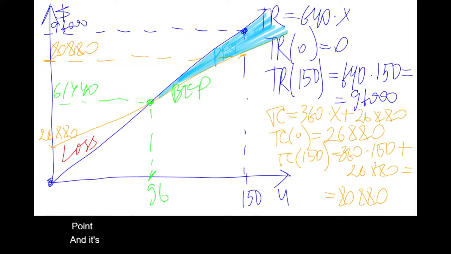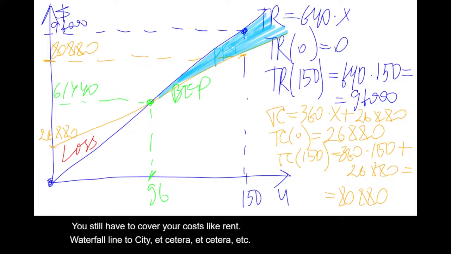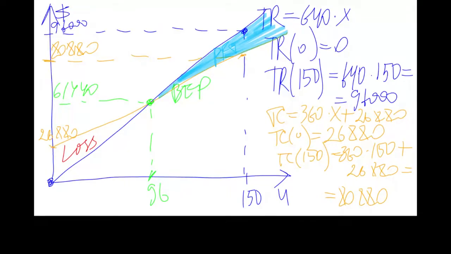It also makes sense, meaning that even if you sell nothing, you still have to cover your costs like rent, water, phone line, electricity, etc. Okay, people, questions? Let me know when you're ready.